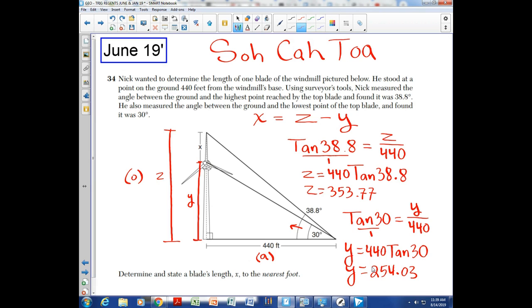Now, all we need to do is go back and substitute. So I'm going to say my z was 353.77 minus, and our y was 254.03.